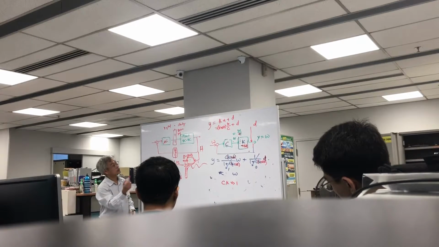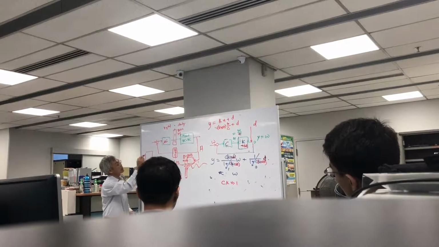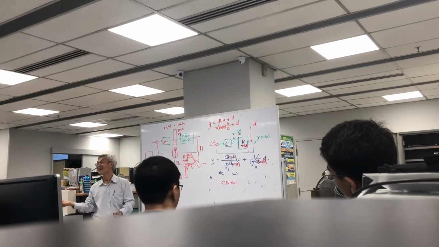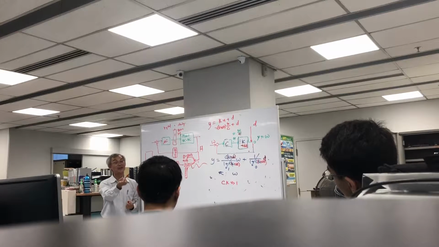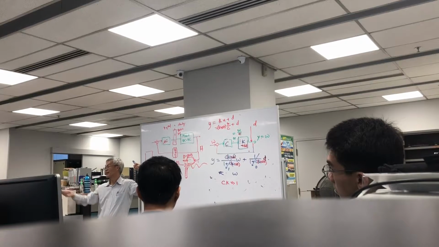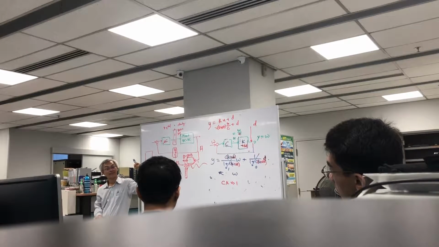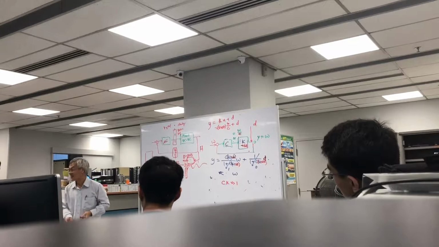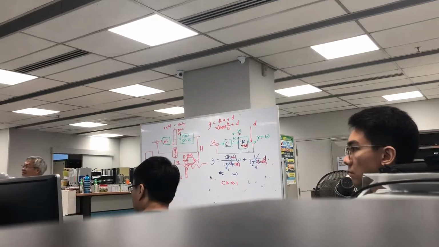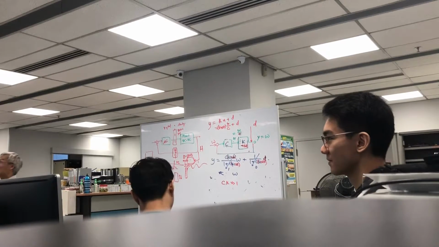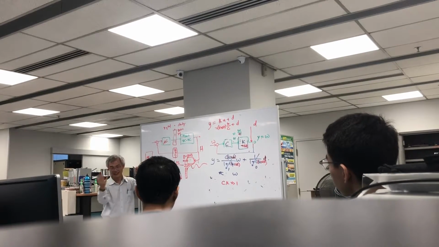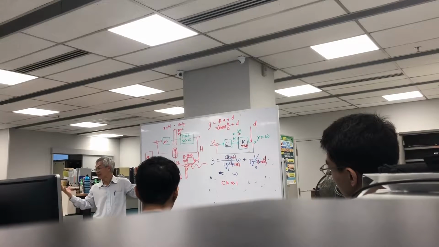So what is the difference between a microprocessor and a microcontroller? You took a microprocessor course, right? Why do we say this is a microcontroller, and that one is a microprocessor? You should know. A microprocessor is a computational unit.